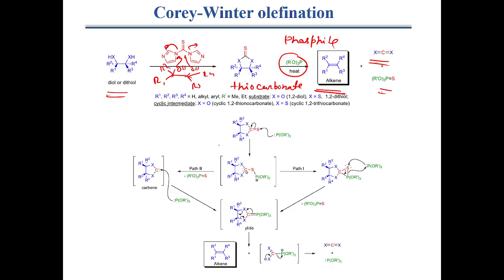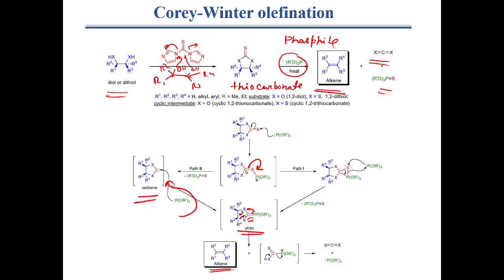So the mechanism is, after formation of this thiocarbonate, phosphite reacts with the sulfur center and gives this, and now if this bond breaks, it forms a carbene, so it can go through the carbene mechanism. Now phosphite again reacts with the carbene, giving this phosphonium ylide. Now this is negatively charged, so after the elimination of this, we will get this alkene.